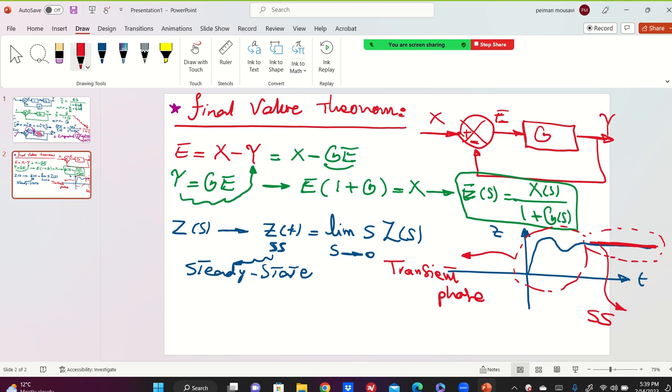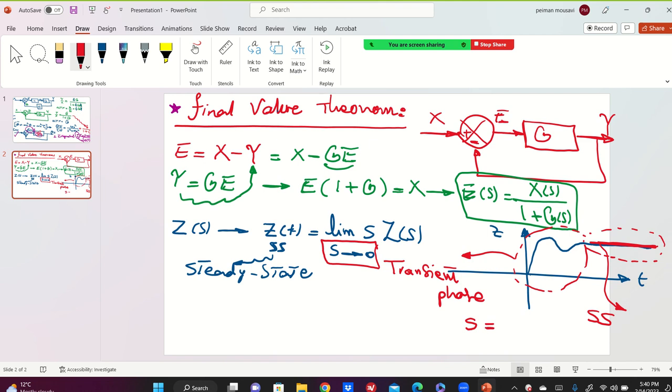Can you give me why this limit when S goes to 0 gives you the final value theorem by using this graph? Can you do the brainstorming for me? Why must S go to 0 when time goes to steady state, to infinity? Guys, what is S?